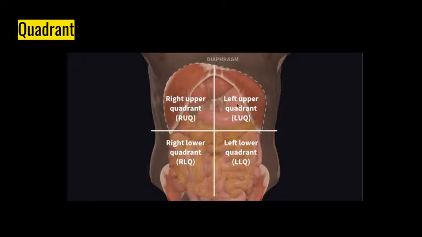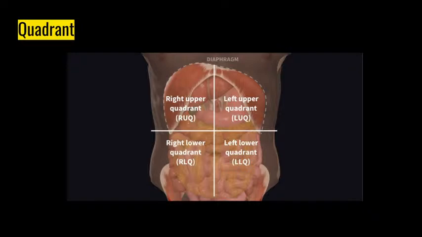The left upper quadrant overlies the left hypochondriac, epigastric, left lumbar, and umbilical regions. The right lower quadrant overlaps the right lumbar, umbilical, right inguinal, and hypogastric regions. And lastly, the left lower quadrant has the left lumbar, umbilical, left inguinal, and hypogastric regions.